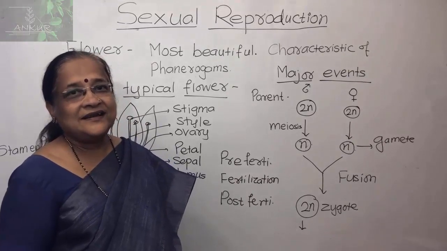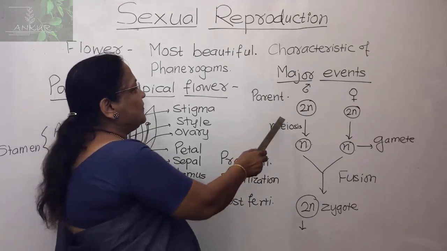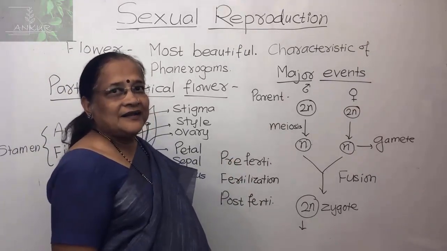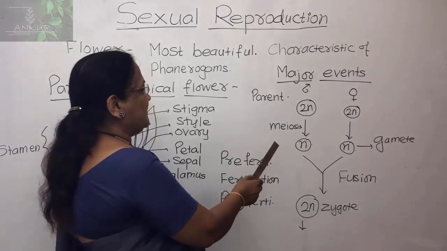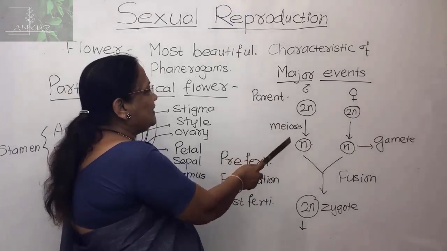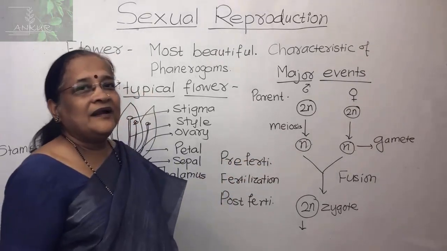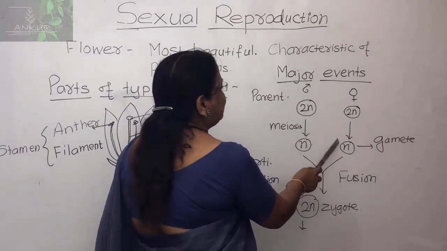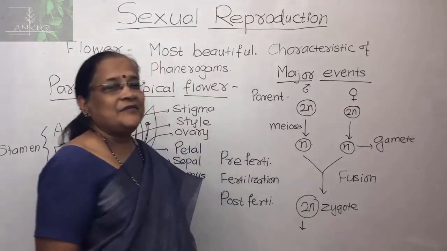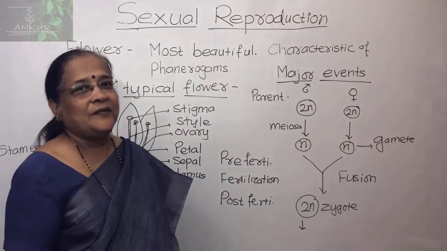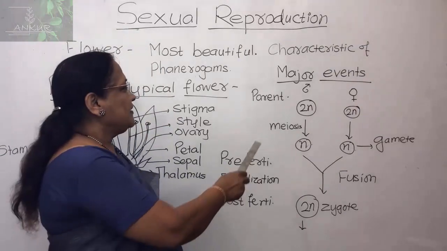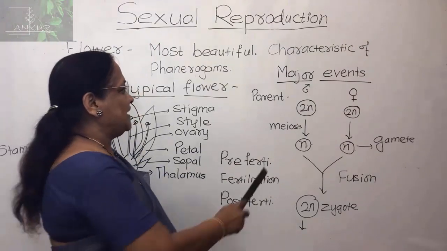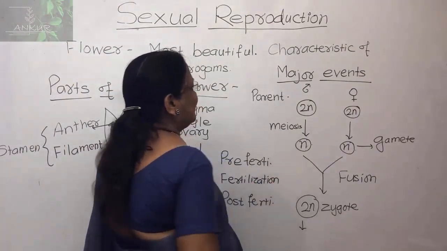What is meiosis? Meiosis is the reductional division. In the parent we have a 2n number of chromosomes. At the time of reproduction, or before reproduction, that 2n gets converted into the n number, and this n number of chromosomes is called the gamete, which is the smallest unit of reproductive structure of male and female.